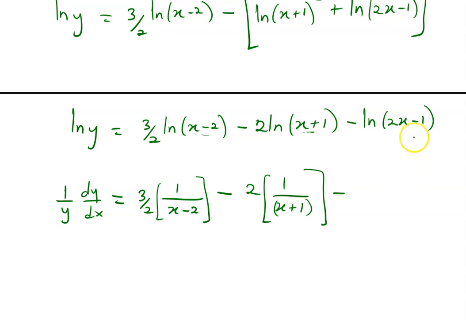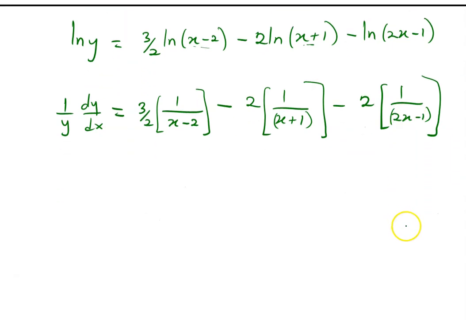Then minus, differentiate what's inside here. We are going to get 2, multiplied by 1 over (2x minus 1). Very good. When you get to this level, I encourage you to take your time. If you don't take your time, you end up making a lot of mistakes. So you take your time and do it well, but once you get the results, you quickly move to the next step.